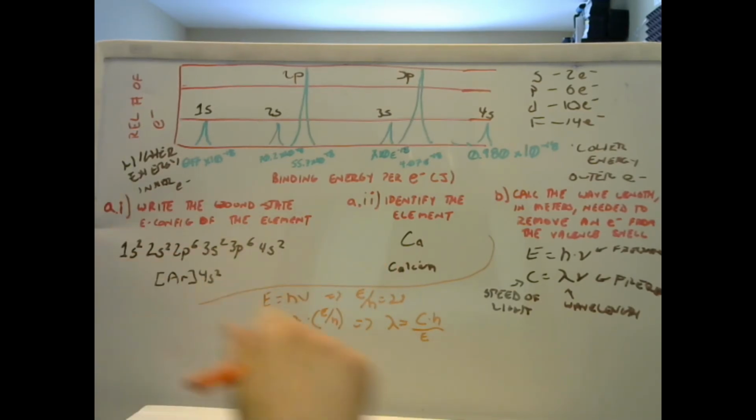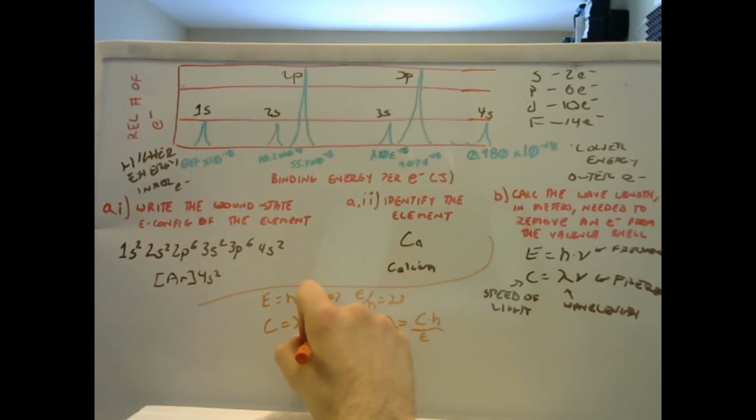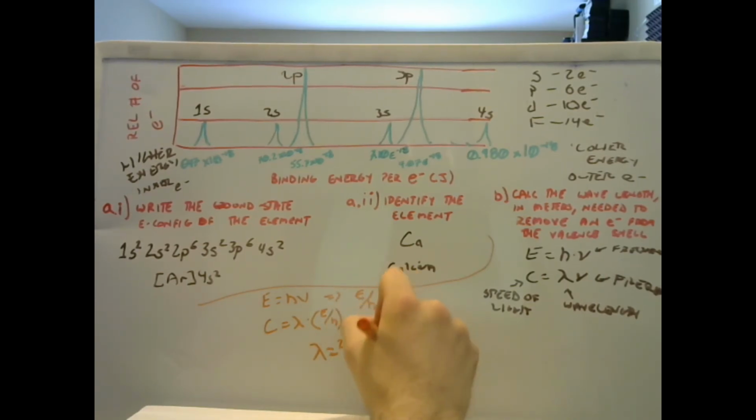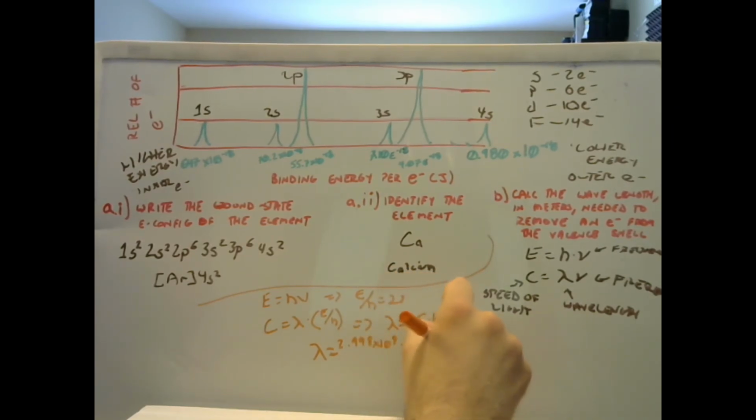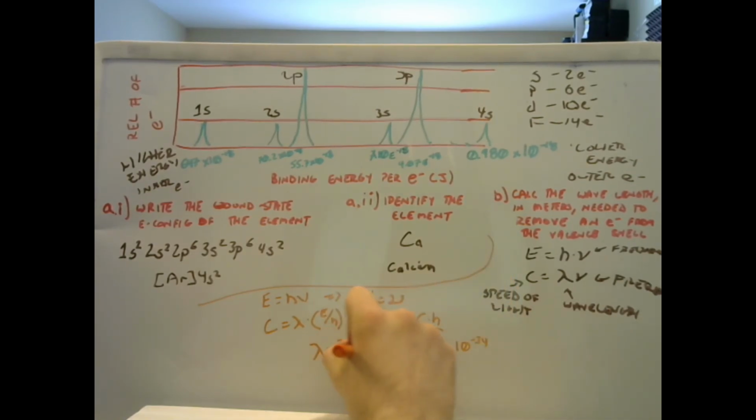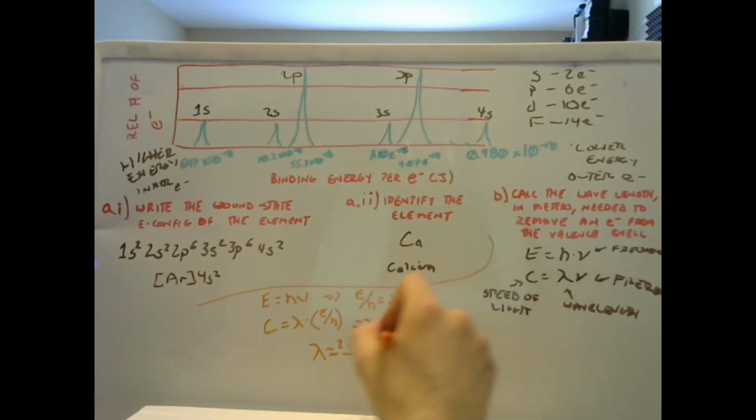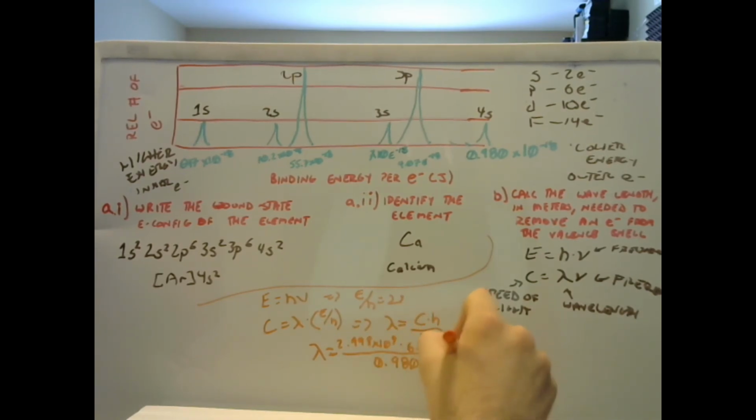C is 2.998. If I go ahead and plug this in, I get lambda equals 2.998 times 10 to the 8th times 6.626 times 10 to the negative 34th. All divide by 0.980 times 10 to the negative 18th.